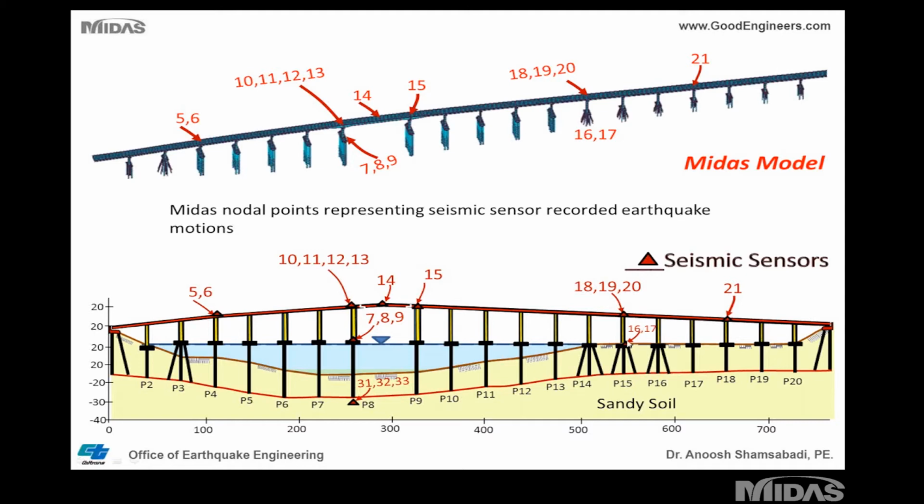Now, as an engineer, before you do any analysis, you need to step back, look at the schematic of the bridge and see what you really should expect from your analysis. What do you think makes sense when you run the analysis? If I look at the schematic of this diagram here, you can see some of the pile caps are buried in the soil.